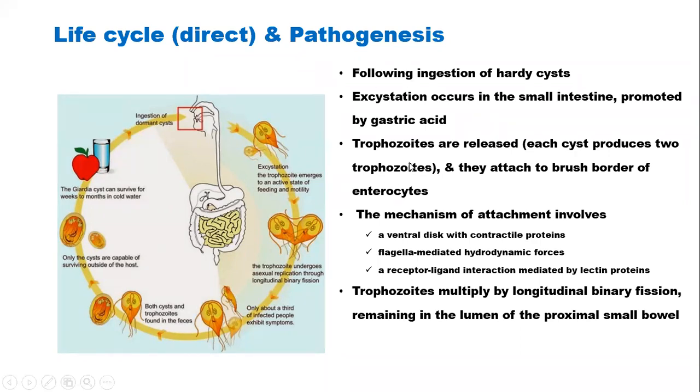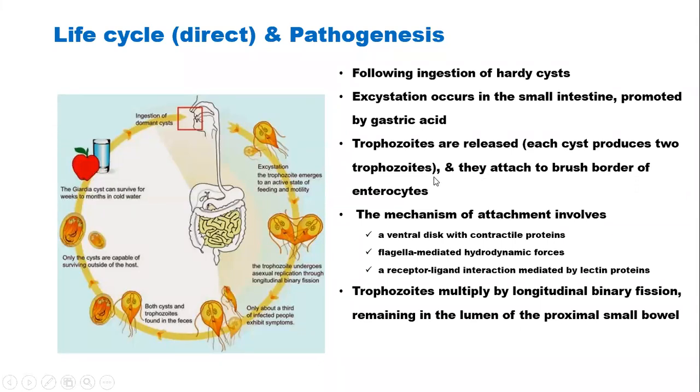Now, following the ingestion of this cyst, the gastric juice, which is acidic, will soften the cystic coating. So by the time the content passes into the small intestine, where the pH is no longer acidic, the process of excystation occurs. That means that you have trophozoites emerging from the ingested cyst.